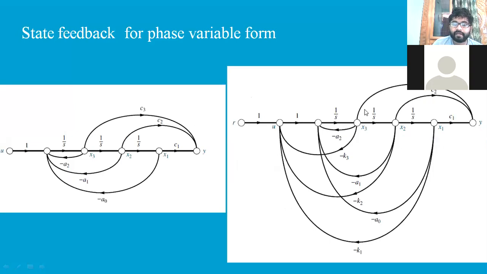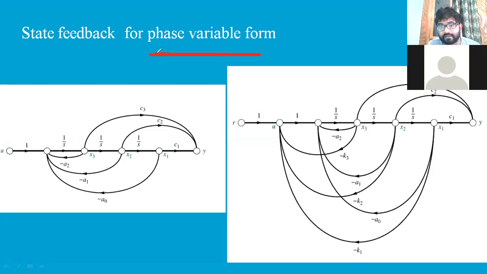The same thing is explained with respect to the signal flow graph when the system is represented in phase variable form. Remember this point also: state feedback will be an easy process when the system is represented in phase variable form. I think you remember what phase variable form is. That is the first form of the state space representation, where the output and its n-1 successive derivatives are considered as state variables.